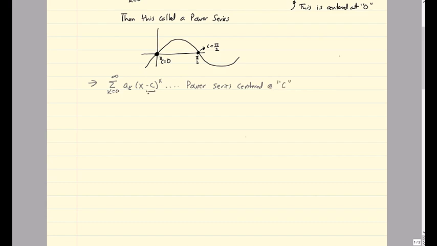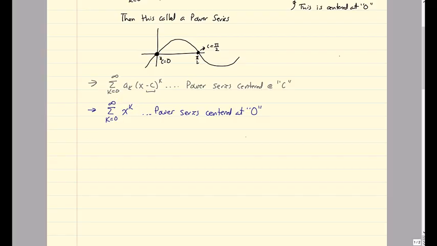If this had been x plus c, it would have been centered at negative c. So it's always the opposite, kind of like when we're working with parabolas back in college algebra. We could also look at the sum from k equals 0 to infinity of x to the k. This is a power series centered at 0, and we know it's centered at 0 because I'm not subtracting anything from this base. It's not x minus 2 or x minus 7 to the k, it's just x to the k.